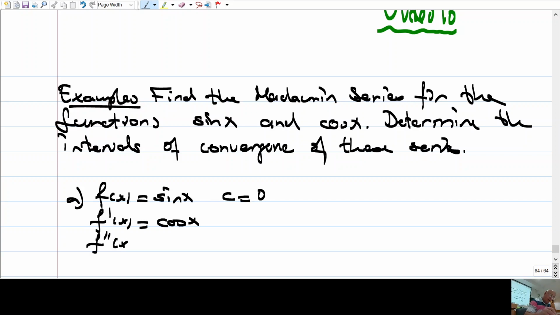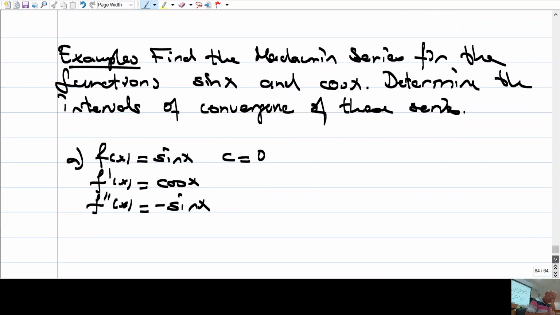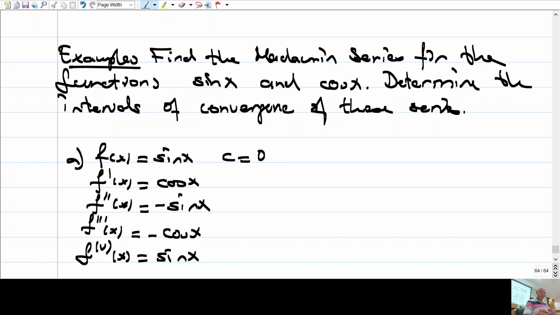F double prime is minus sine x. F triple prime is minus cosine x. Fourth derivative is again sine x, and then it will just keep doing this, right? So it will start from sine and then cosine, minus sine, minus cosine, sine and so on.